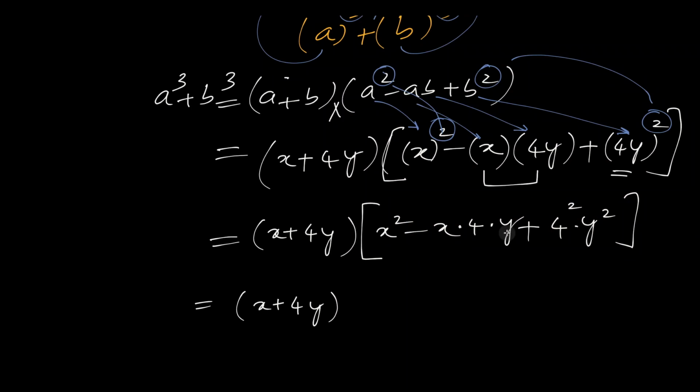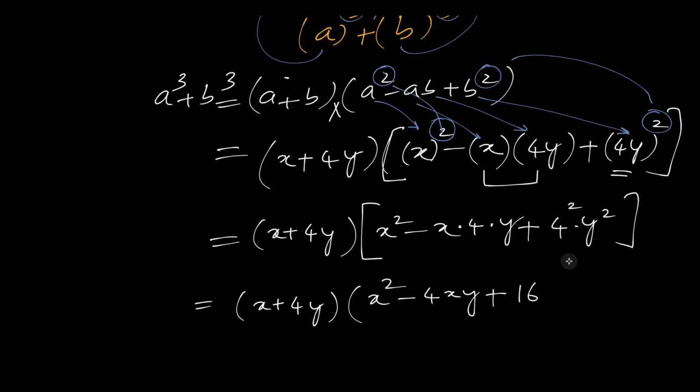Now there are no small parentheses, so I am going to convert again back to the original parentheses. This is going to be as it is, x square minus. Now how can we multiply 4 with x with y? It is 4xy. Minus sign I am keeping as it is, plus 4 square. That means 4 into 4. We have to write 4 two times in the multiplication.